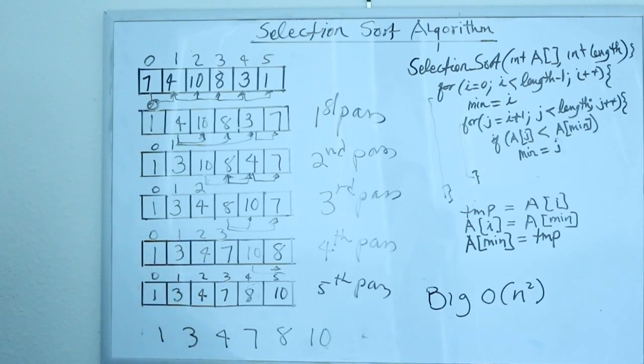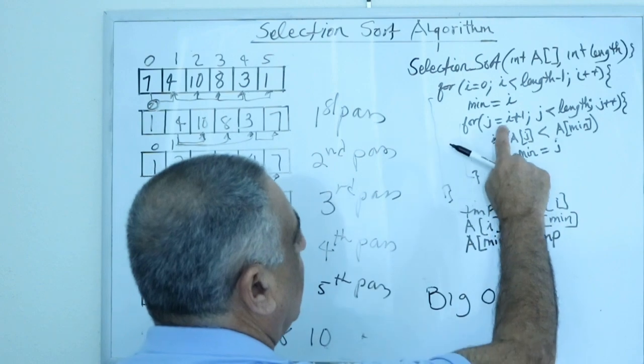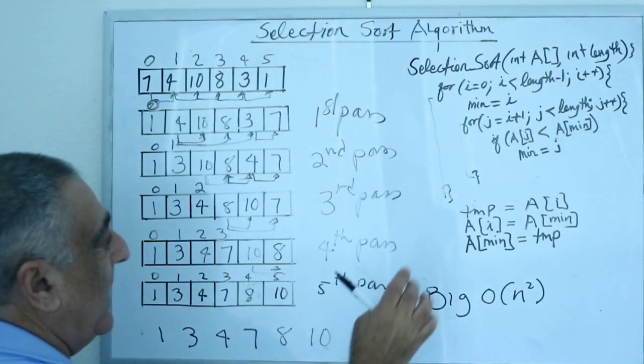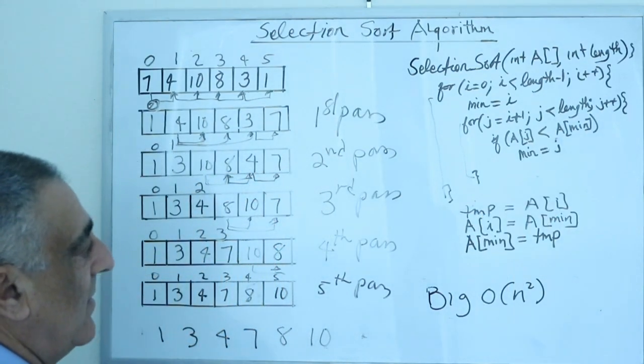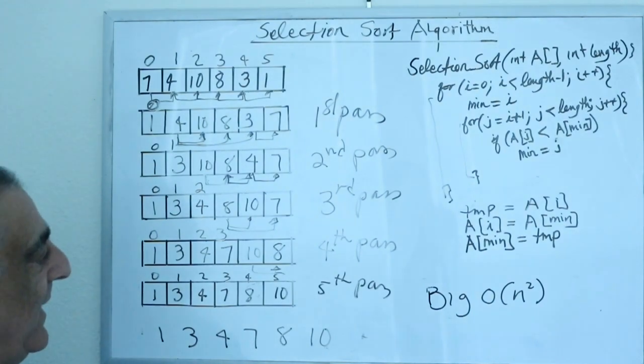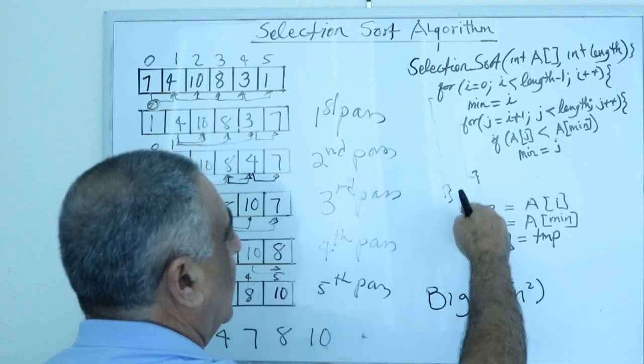So is 4 less than 7? Yes. So now I'm going to put that index. Then j goes to 2. So you see, it's going through the rest and picking up the smallest number, which is the smallest index, which is going to be the value of min. Once this loop is done, it goes through the other one.